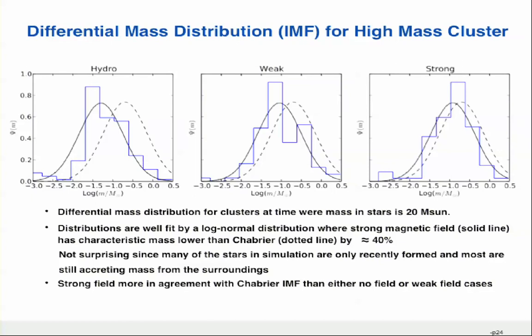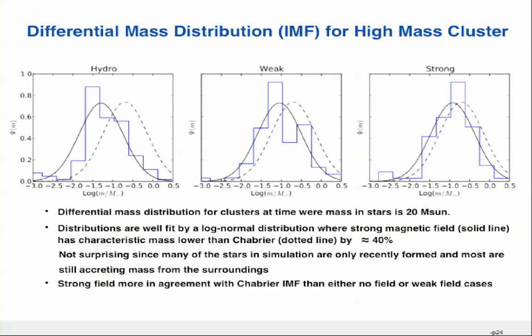We find that the distributions are extremely well fit by log normal distributions. The histograms are the data from the actual simulation, going from no magnetic field all the way up to strong magnetic field. The solid lines are the log normal distribution fits, and the dotted lines are log normal distribution fits to a Chabrier IMF.